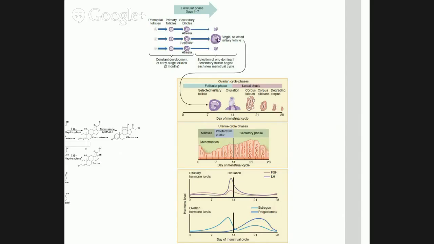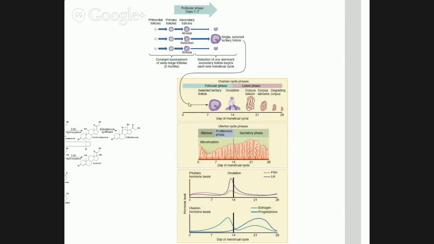Only one of them makes it to the point of being the tertiary or mature follicle, which is then going to rupture at ovulation. So all this stuff up here, they put it separately because it wouldn't really fit into the space allowed in the figure down here.